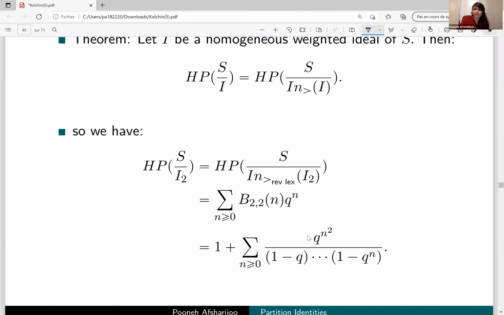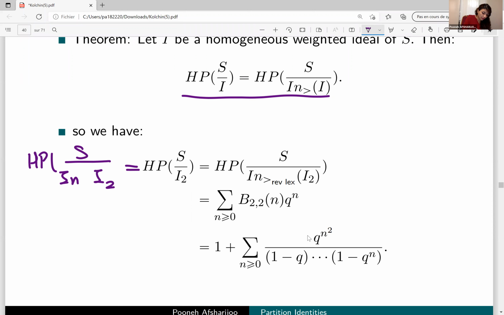In order to find a new member for the first Rogers-Ramanujan identity, we wanted to use once again this theorem, but this time we wanted to apply it to the initial ideal of I_2 with respect to the lexicographical monomial ordering. So the first question was to find this initial ideal, or find a Gröbner basis of I_2 with respect to the lexicographical monomial ordering, and then find the partitions that we can associate to this algebra.